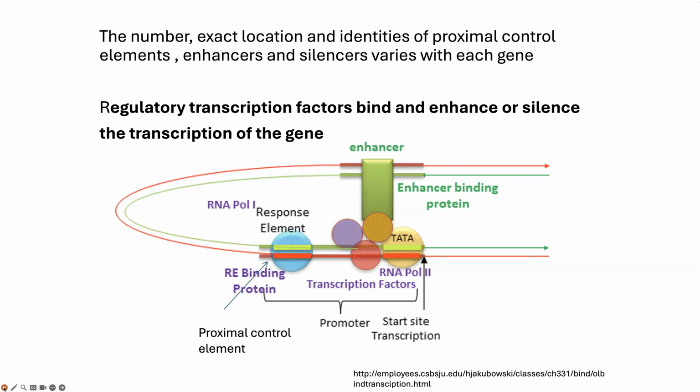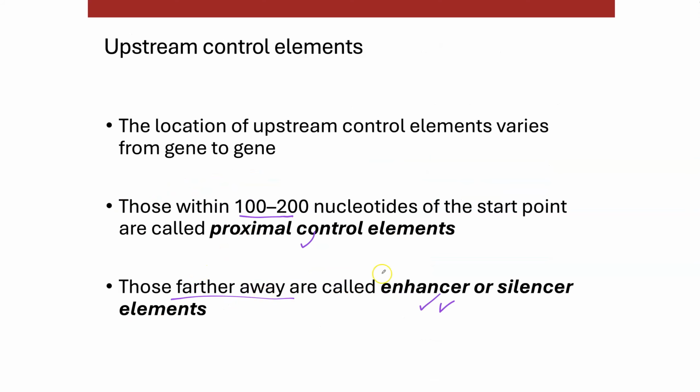These are found in all genes, but it is these upstream enhancer or silencer elements that give you tissue-specific kinds of expression. So expression only in muscle cells, or only in nerve cells, or only in the nerves that produce dopamine, for example. It can get very, very specific.